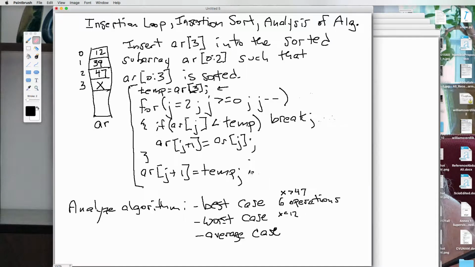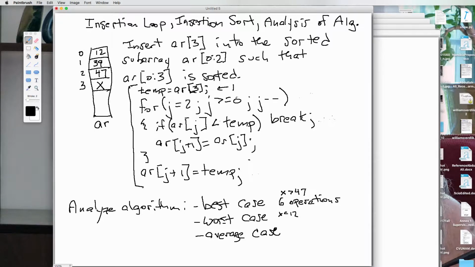And now let us do the worst case situation. Now in the worst case situation, remember we said that that occurs if this number x is actually less than 12. I'm still going to come over here and do the assignment, and that's going to take me 1. So I do the assignment j is equal to 2.